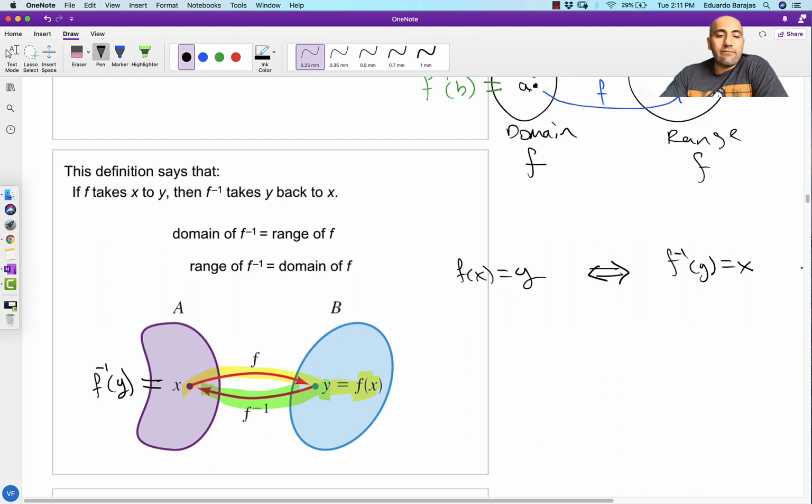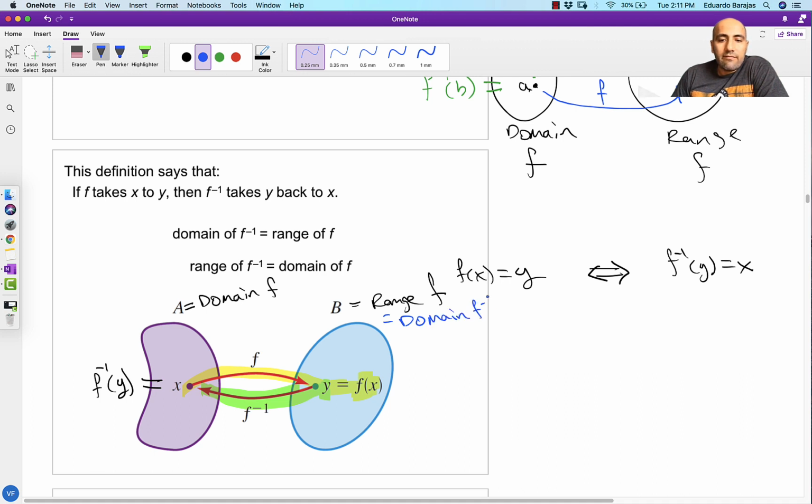If you can do that for every single x in the domain of f, and every single y in the domain of the inverse function. Notice the domains here. A is the domain of f, and b is the range of f. But if we're going backwards, that means this is the domain of f inverse.